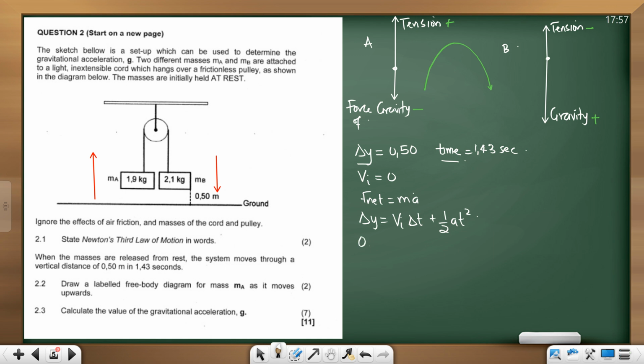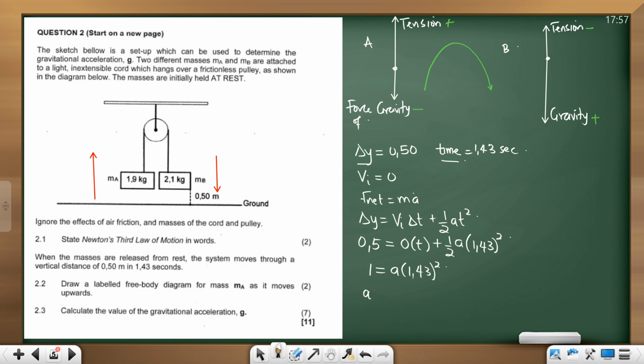What's our delta Y? 0,5. What's our initial? 0. Remember, this is not G. This is A. And what is our time? 1,43 squared. Okay, if I divide both sides by 2, what would I have? That would be 1 equals to a 1 comma 43 squared.